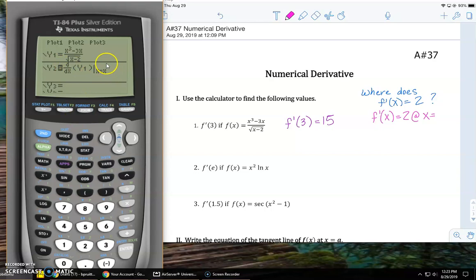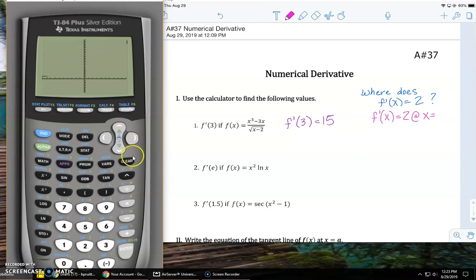And if you type in that notation, the calculator is going to graph the derivative of this guy without you actually having to find the derivative. And that's awesome. And so then if I'm trying to see where the derivative equals 2 into y3, I would put 2. These are the two that I want to intersect. That's why I like to turn this one off so it doesn't get confusing.